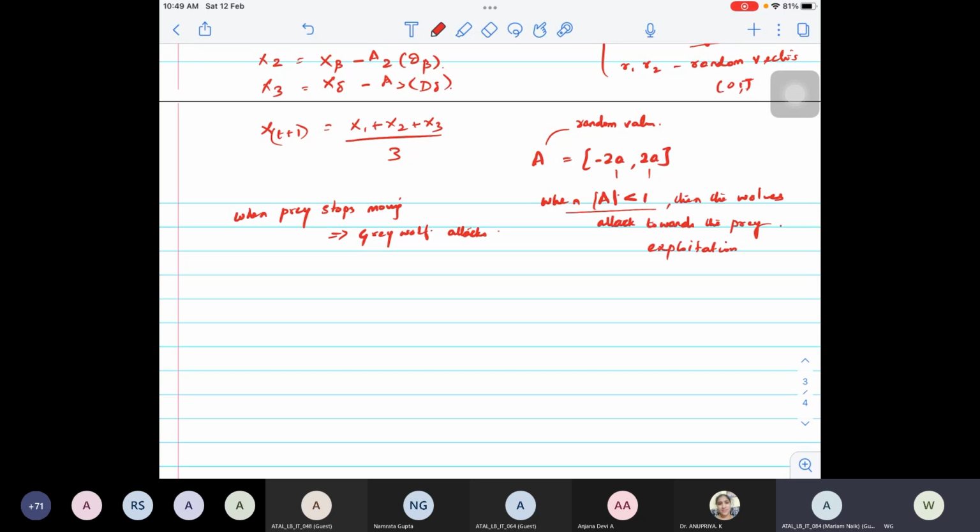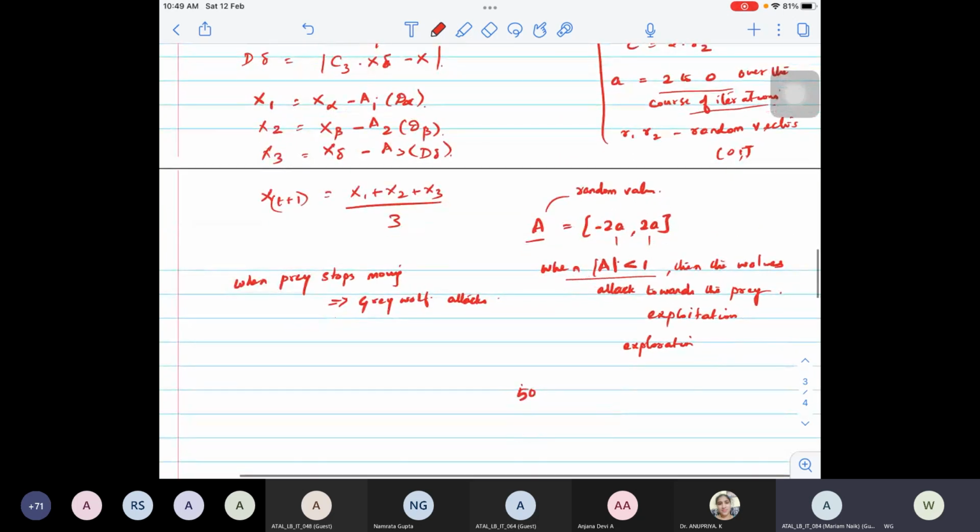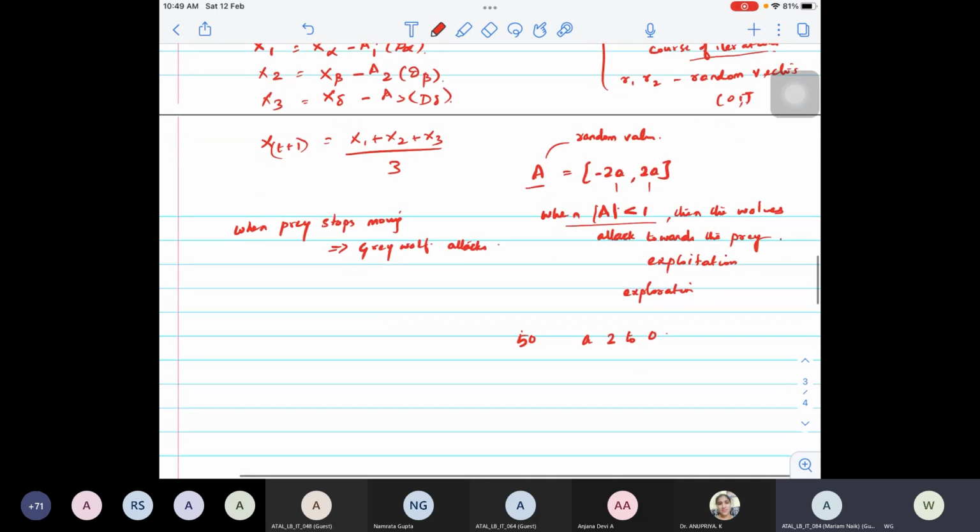Otherwise, if the value of this a happens to be more than 1, it denotes exploration, right? So if you look at the iterations, say if there are 50 iterations, then we see that small a will be ranging from 2 to 0. And as the value of a becomes less than 1, the chances of exploitation become more, right?